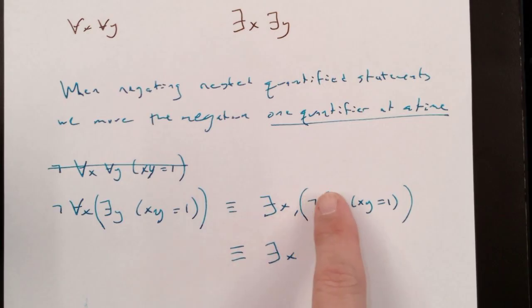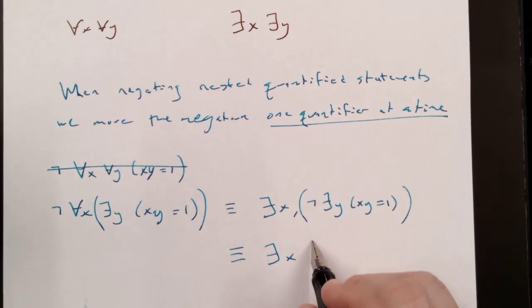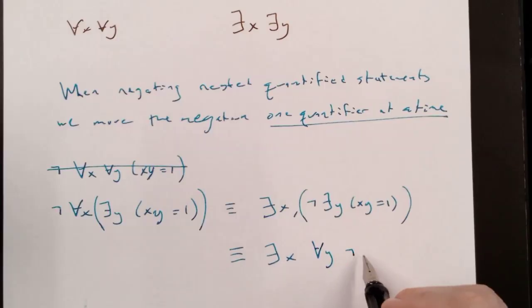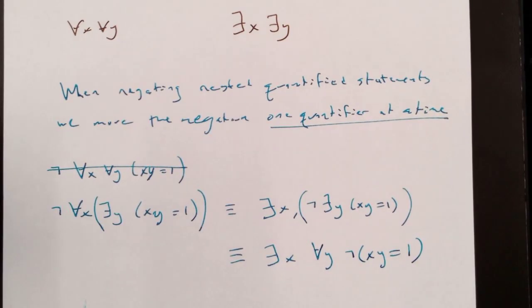So what is this logically equivalent to? When I move a negation across an existential, it becomes a universal. And I negate the proposition that comes after it. Now, I don't like writing not xy equals 1.